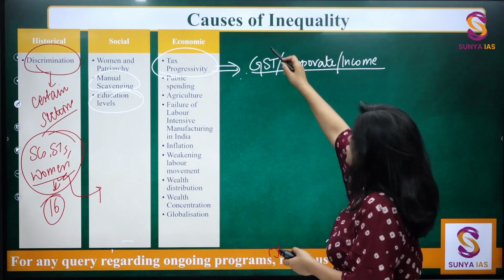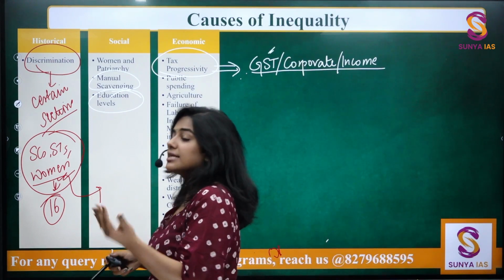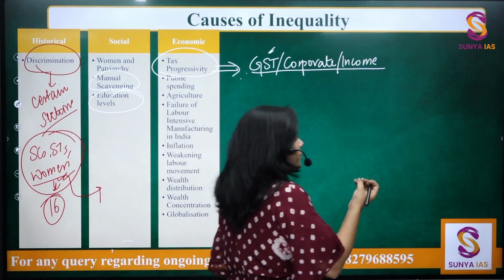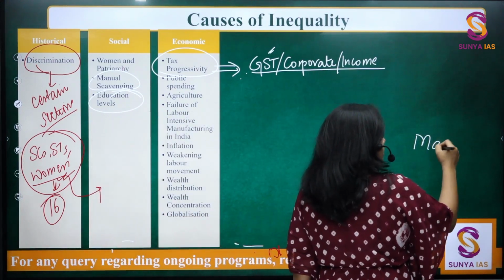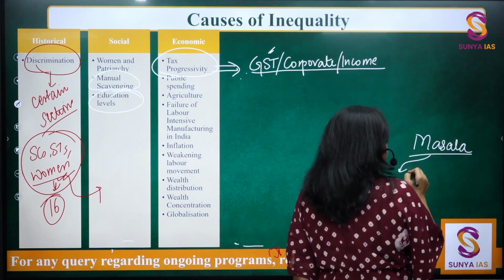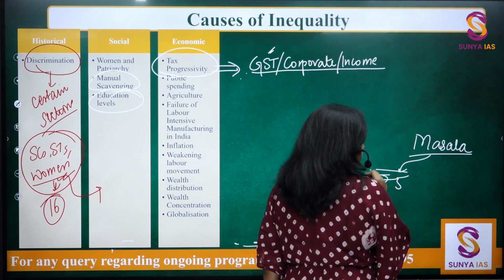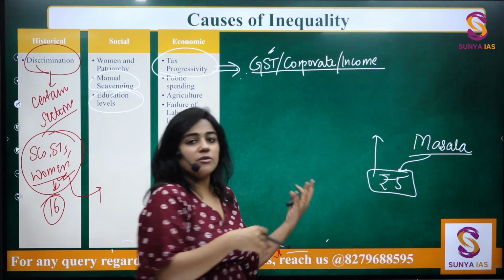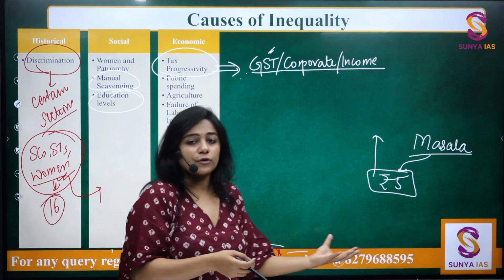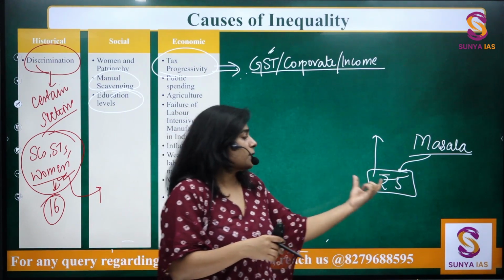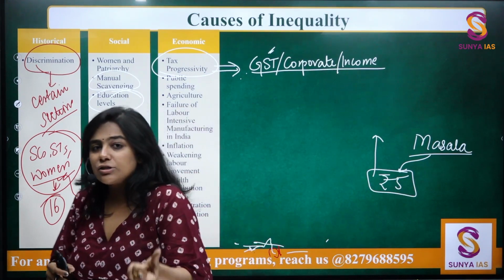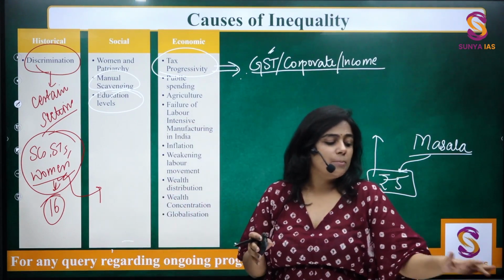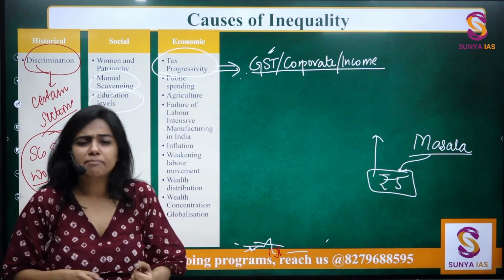So lately it has been GST, and when we talk about GST is a regressive tax, because if let's say on a basic essential, like on a masala, let's say, if the GST is rupees 5, rupees 5 GST is being applied on this, a millionaire or a billionaire who is using this masala will also pay rupees 5, and someone who is a manual scavenger will also pay rupees 5. 5 rupees is a much bigger part of the income pie for the manual scavenger than it is for the person who is a millionaire or a billionaire or even a lakhpati for that matter, right?